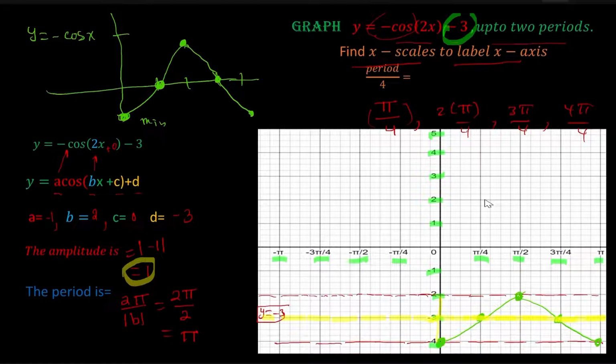Let me get a different pen color. We are at the min right now, so we're going to go back to the midline. And then we're going to go back up to the max. We keep on going up till we cannot go. And then we're going to go back down to the midline, and we're going to rest at the minimum point, exactly like the other one.